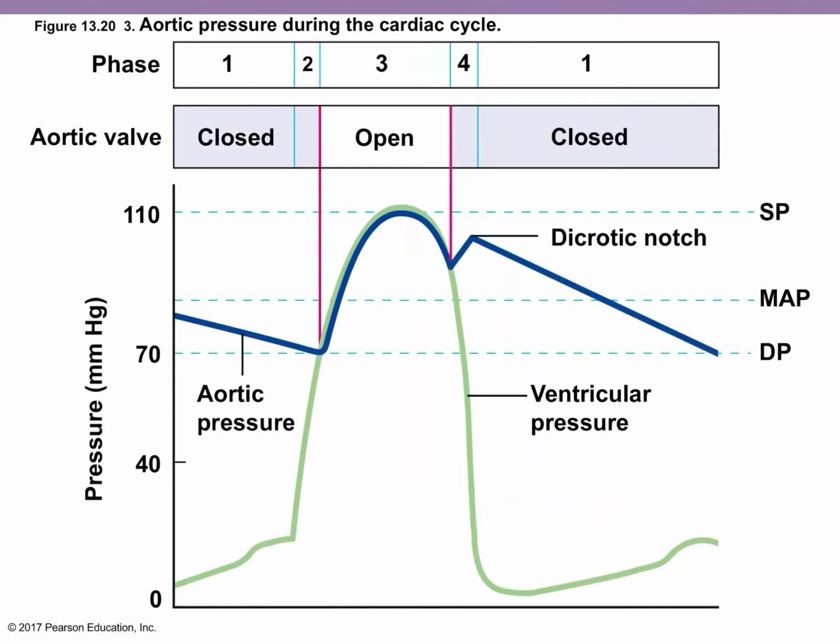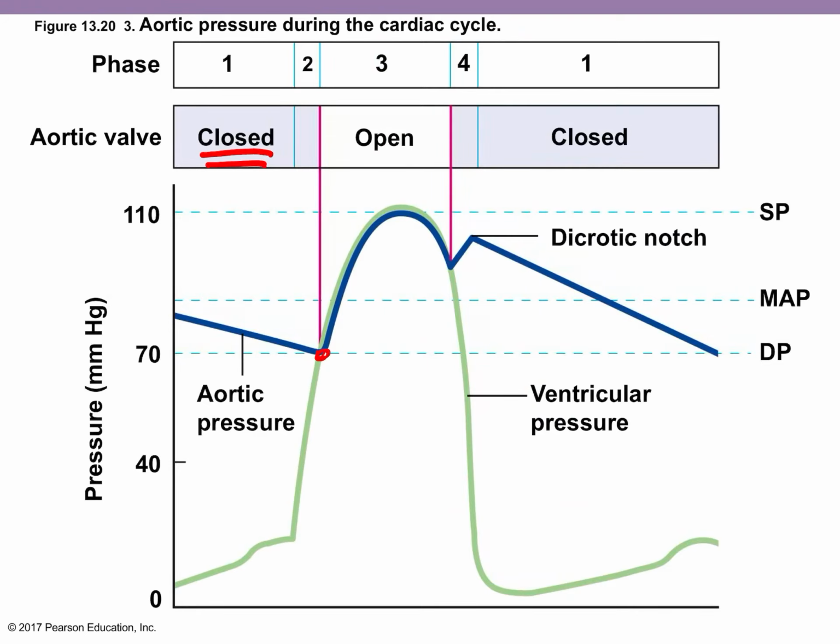Okay, so if we look at the blue line, right, the aortic pressure, when the heart is relaxed, the aortic valve is closed, and there's this backwards pressure on the semilunar valves, so the aortic valve is closed. The aortic pressure starts to fall, right?